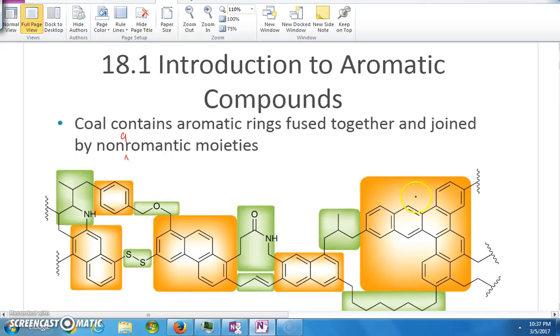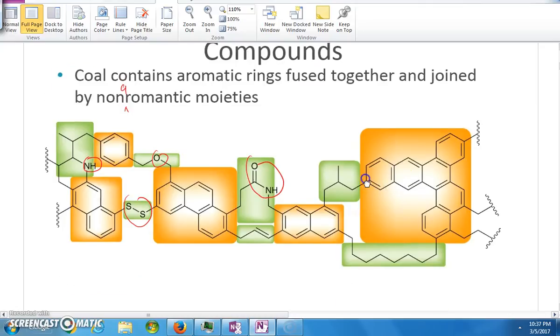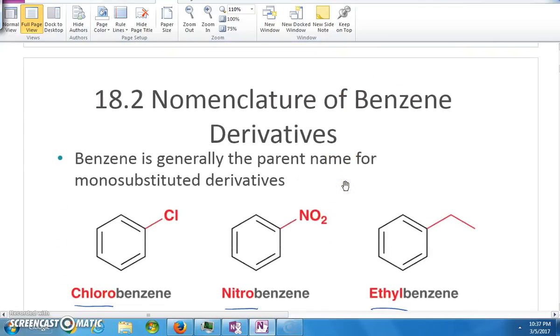You can see that these fused aromatic rings are joined by functional groups like sulfides, amines, ethers, amides, alkanes, so basically that's what these are.